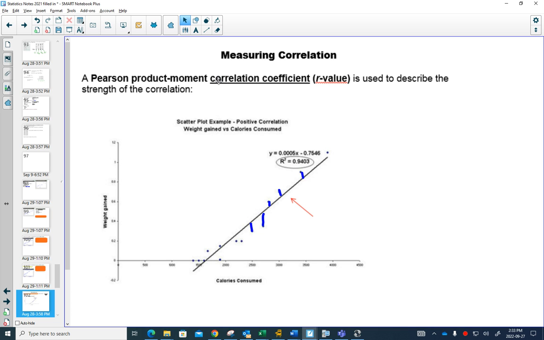If the line is perfect, then we would say the R value is 1. If the line is perfect in a negative slope, then we would say the R value is -1. Anything that's not perfect is somewhere between that -1 and 1. With 0 correlation, meaning this is terrible, we could draw basically anything as a line of best fit.